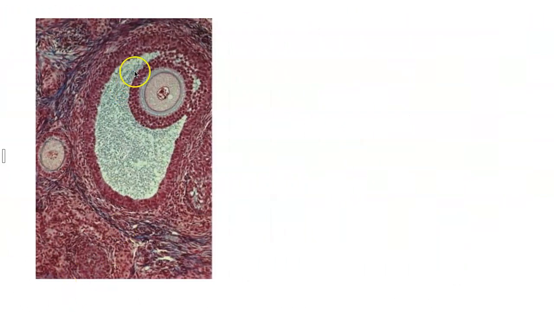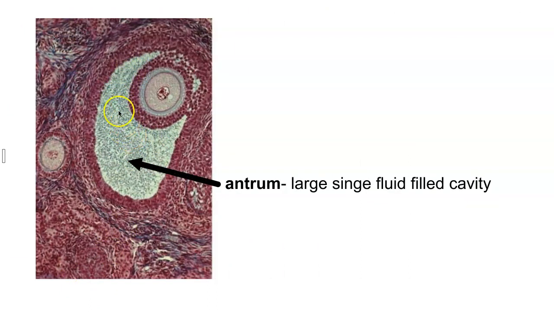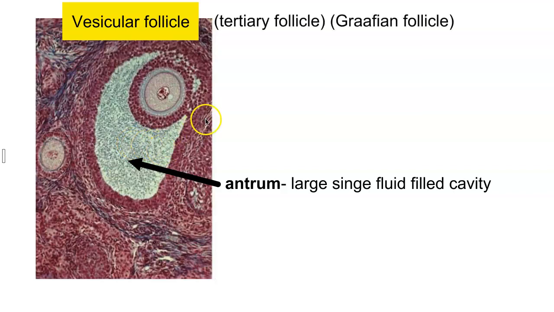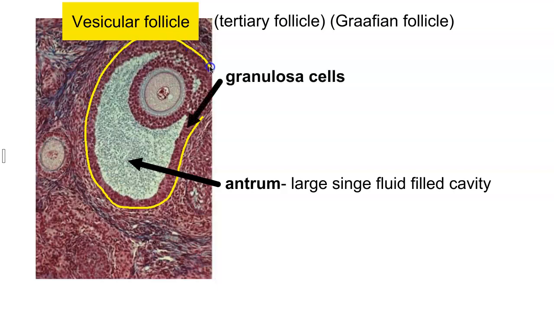Once the follicular fluid merges into one big cavity called the antrum, we can see that here, this follicle is known as a vesicular follicle, also known as a tertiary follicle or a Graafian follicle. We can see all of the main parts that we talked about. Here's the outer periphery of the follicle and all of the granulosa cells below that in dark pink, still secreting estrogen.